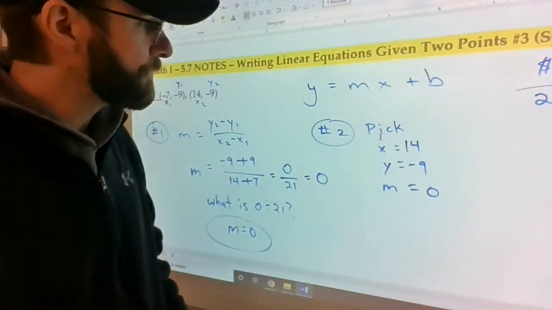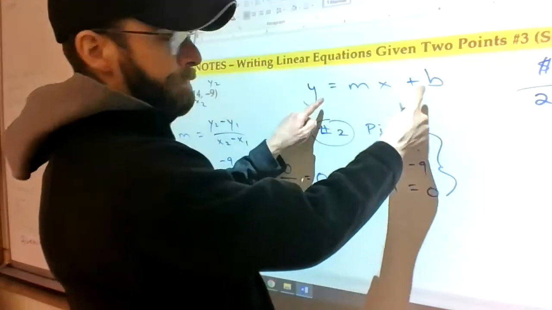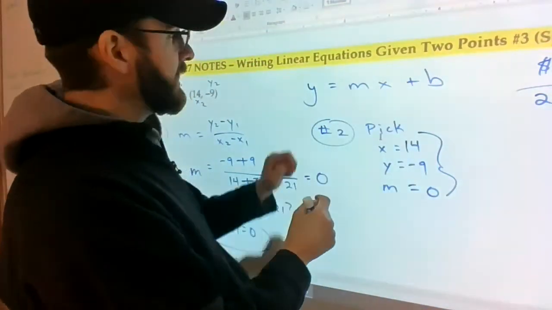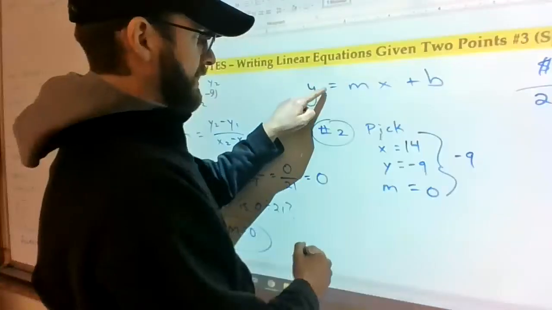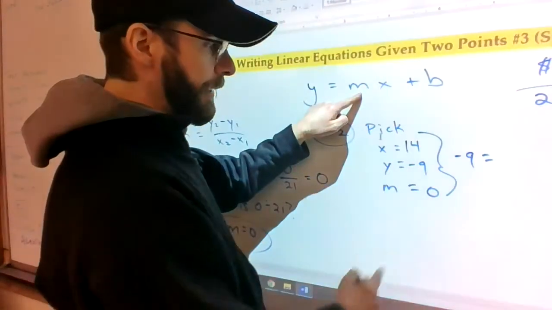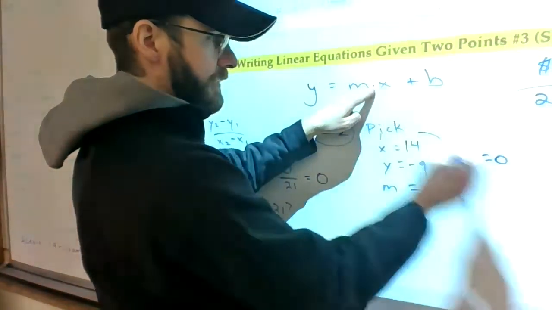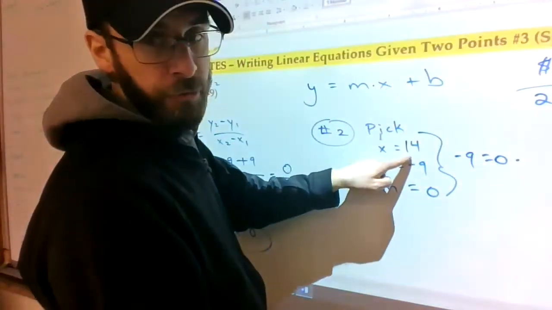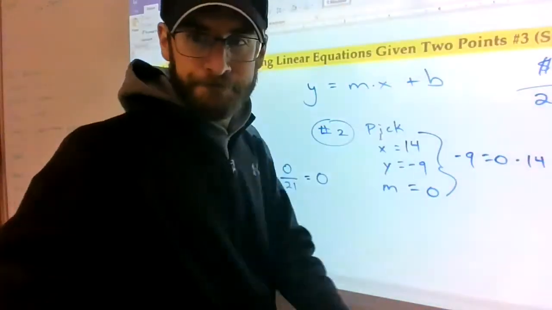Maybe that'll be helpful. So what I'm doing now is taking those 3 values and plugging them into this format. Instead of a y, I'm going to plug in -9. Equals, instead of the m, I'm going to put 0. Times, instead of the x, I'm going to put 14. And then plus b.